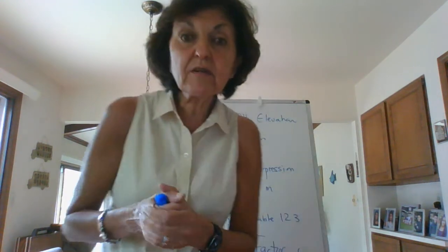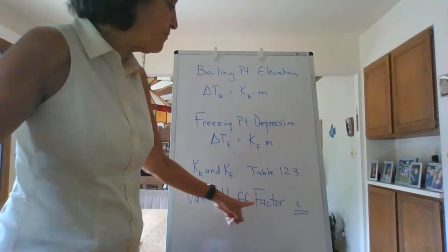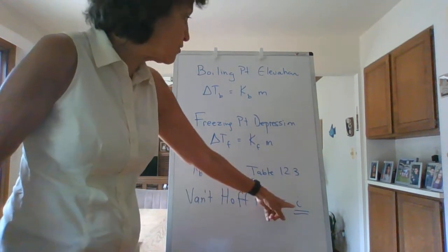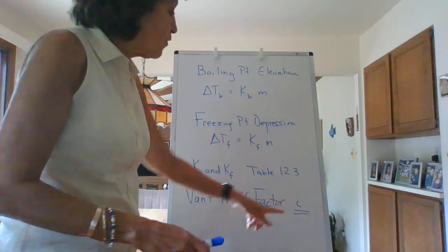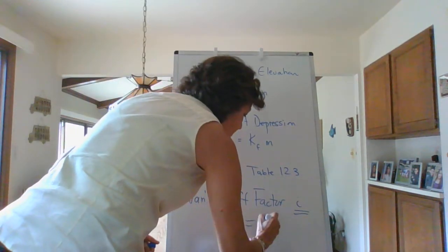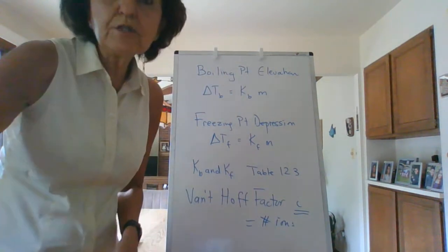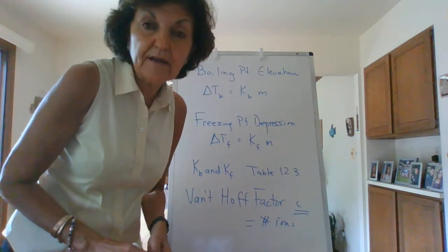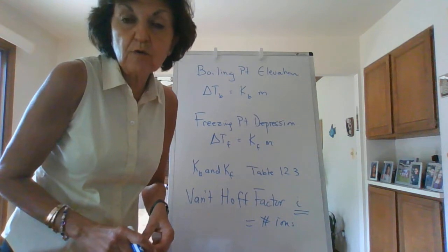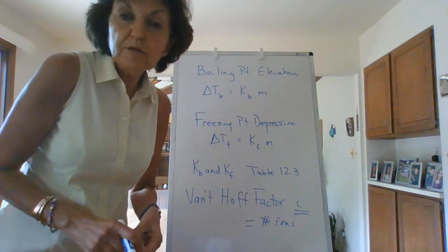So when you have an electrolyte, you have to add in a van 't Hoff factor. That van 't Hoff factor is i. So i is basically the number of ions. i would be 2 for sodium chloride, 3 for calcium chloride, and 4 for aluminum chloride. Why?